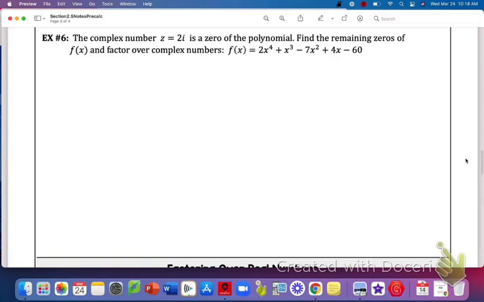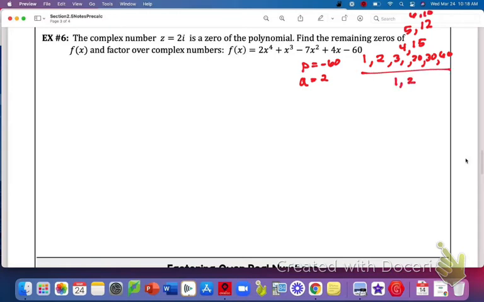So p is -60, q is 2. So 1 and 60, 2 and 30, 3 and 20, 4 and 15, 5 and 12, 6 and 10, all over 2, so 1 and 2.